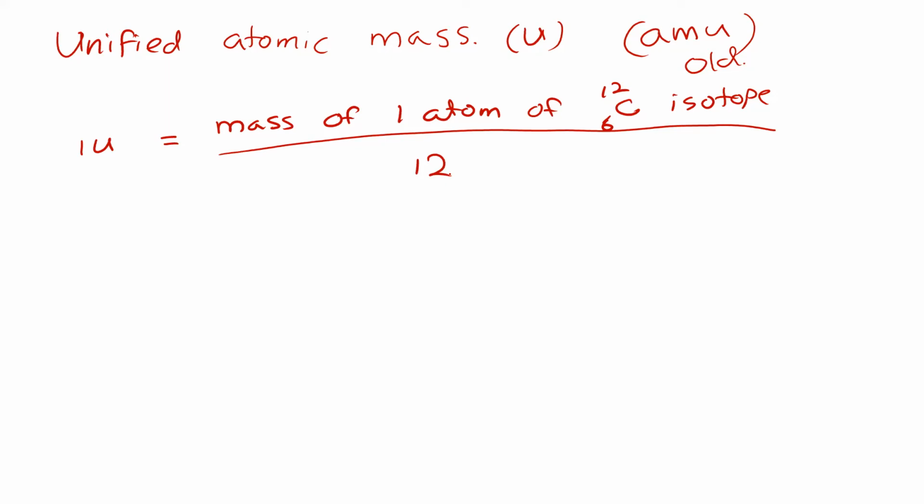I know that you have done some calculations with mole. You know what a mole is. 1 mole is equal to an Avogadro number of things. So what is the Avogadro number? It is this. That is the Avogadro number.